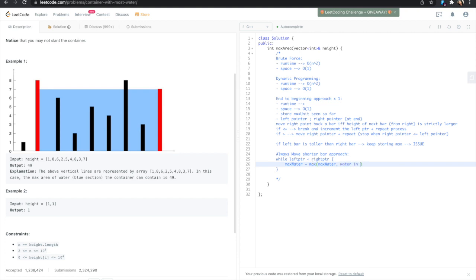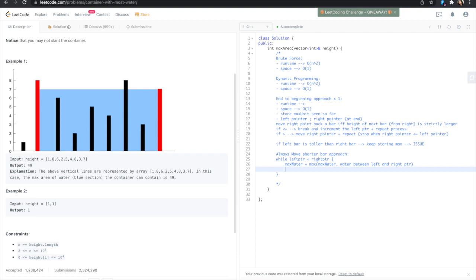We'll worry about how this is calculated later. So the volume in this container is the volume between the right pointer and left pointer. So let's say water between left and right pointer.